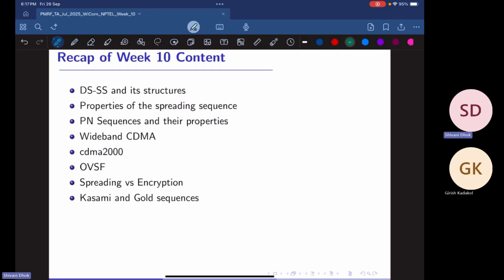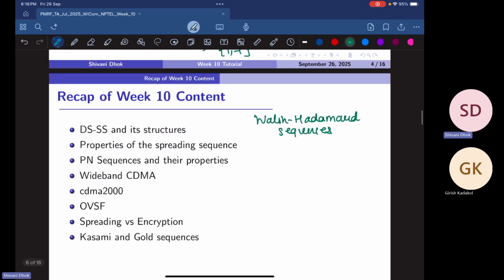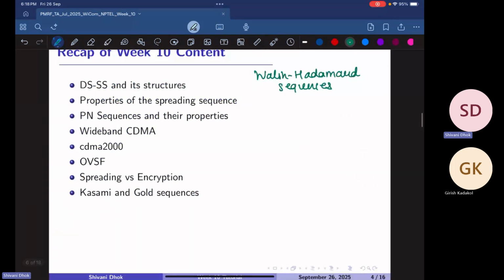We looked at how we come up with Walsh-Hadamard sequences, and these do not follow the properties of these spread sequences. So in order to make it look like a pseudo random sequence, we scramble them with these PN sequences. And then we looked at CDMA 2000 and other properties.